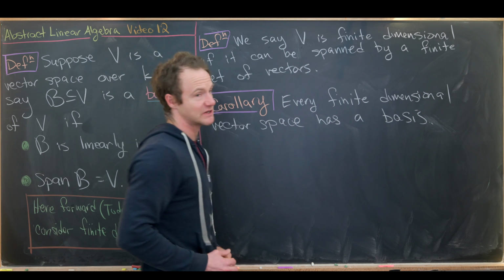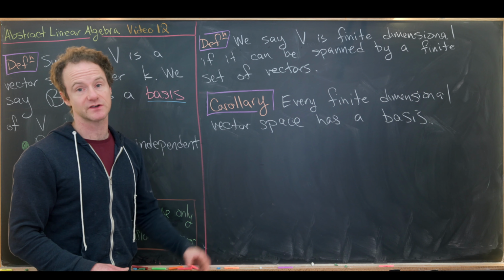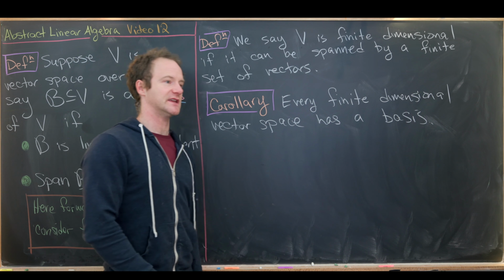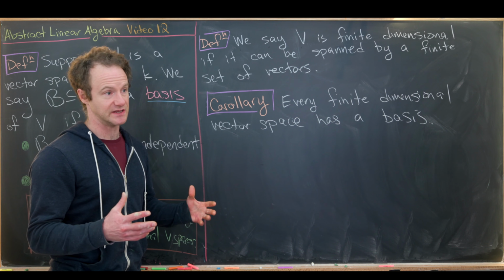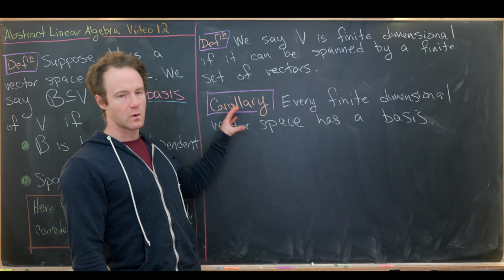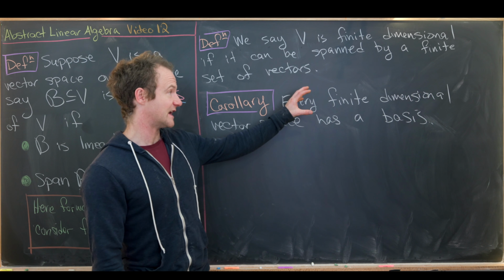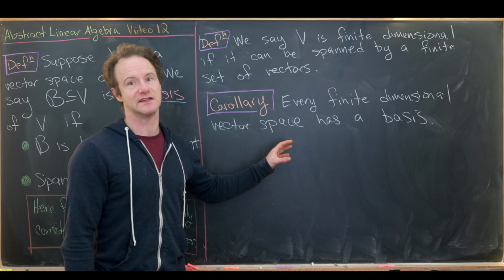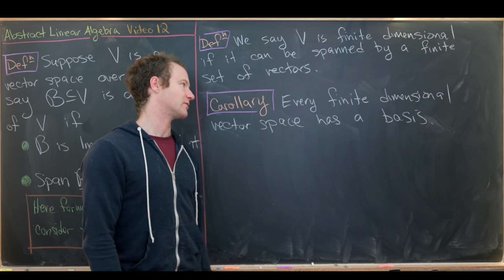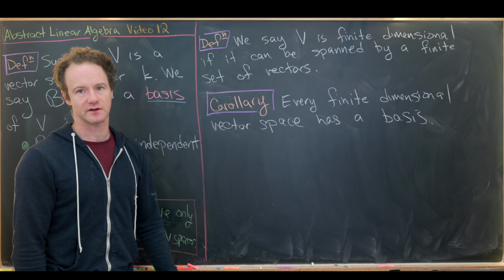So finite dimensional is one idea, which is spanned by a finite number of vectors. And the dimension is another idea, which is the number of elements in a basis. But this corollary to that previous theorem says that if it's finite dimensional, then it has a dimension. What's that dimension? The number of elements in the basis, which again, we're guaranteed to have by the previous theorem.